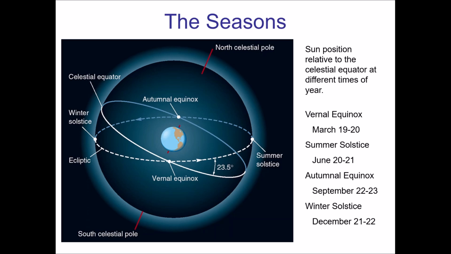Summer is defined as the amount of time it takes to go from that location to the autumnal equinox, where we are once again have the sun kind of to the side relative to the tilt, and the sun is exactly on the celestial equator there. Then fall is progressing as the sun gets further down to the first day of winter. Winter solstice is when the sun gets the furthest down. So this picture is kind of explaining the definition of the seasons.